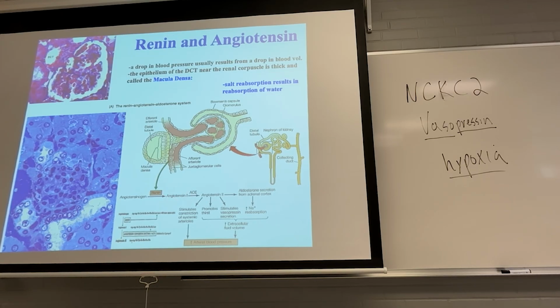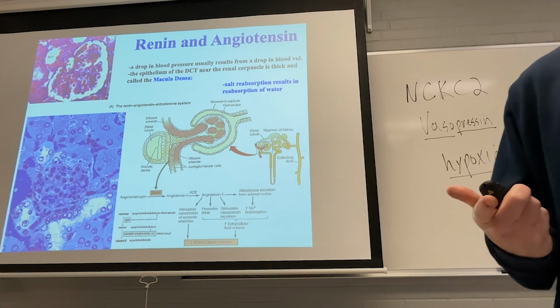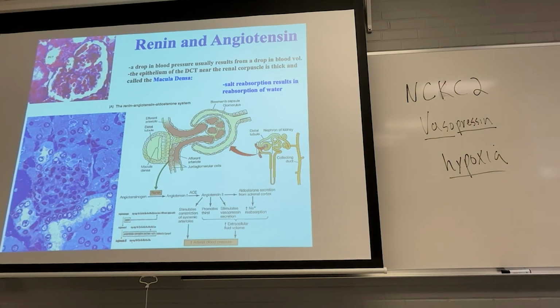Angiotensin 1 will then circulate and will be activated by ACE, the ACE receptor. You guys probably have heard of the ACE receptor before because it's the site where COVID actually affects lung tissue. It became really famous during, well, if you paid attention to the science behind COVID. ACE is expressed in lung tissue.